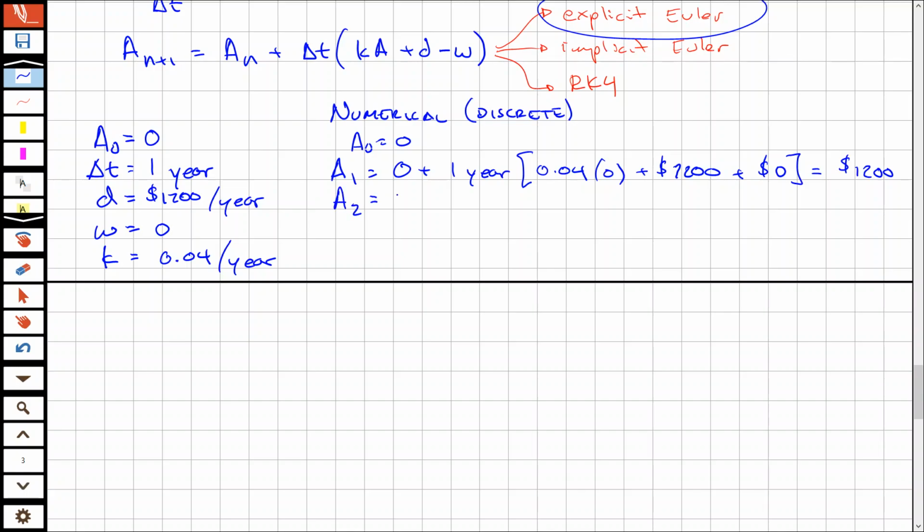Year 2 is where we make a little more interest. So we have $1,200 at the end of year 1, beginning of year 2. And then plus 1 year times 0.04. Now we're actually gaining interest on this. We're still depositing the same amount, and we haven't taken anything out. And so with that interest, we've earned $2,448.